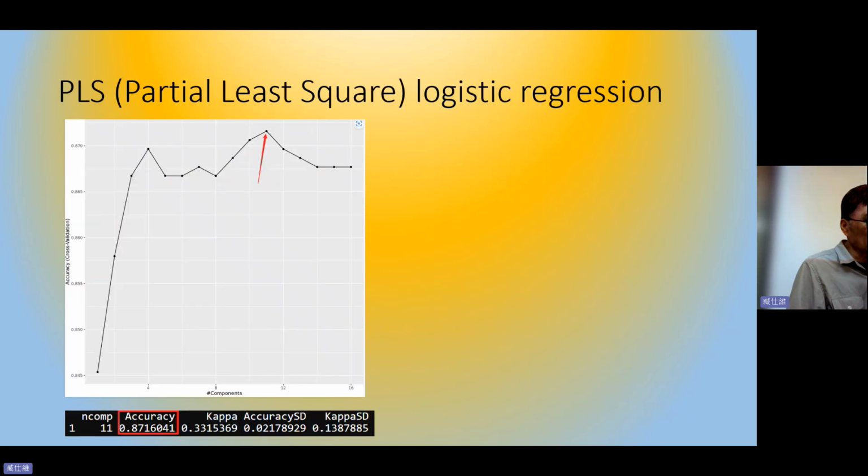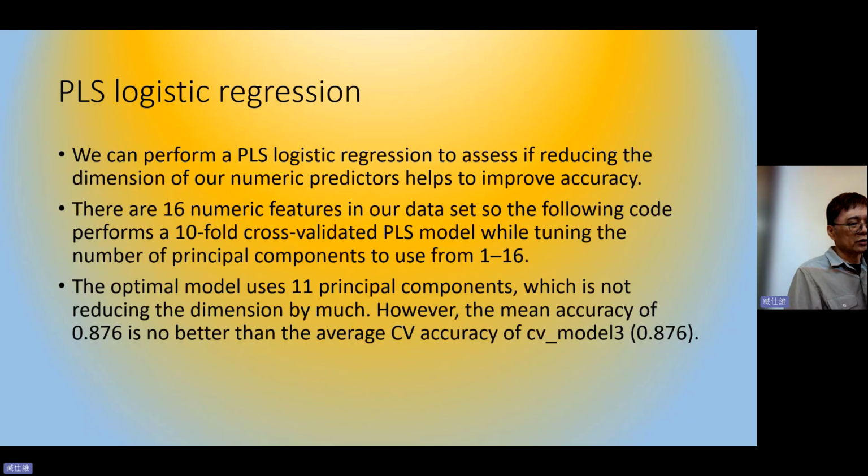Then we also have the PLS logistic regression, which is a partial least squares logistic regression, because we would like to reduce the dimension of our numerical predictors. In traditional regression analysis, we will use principal component analysis.